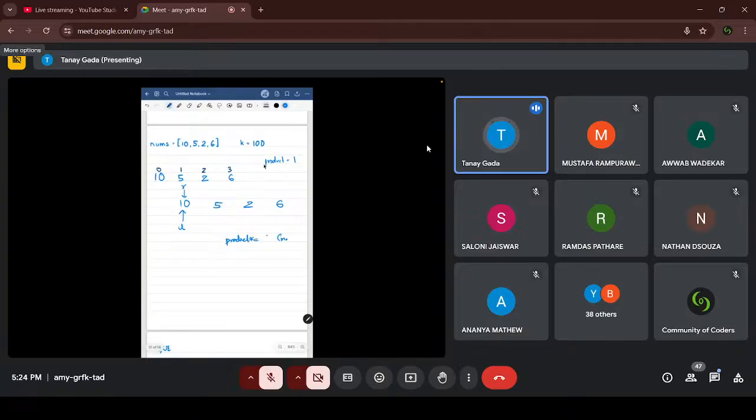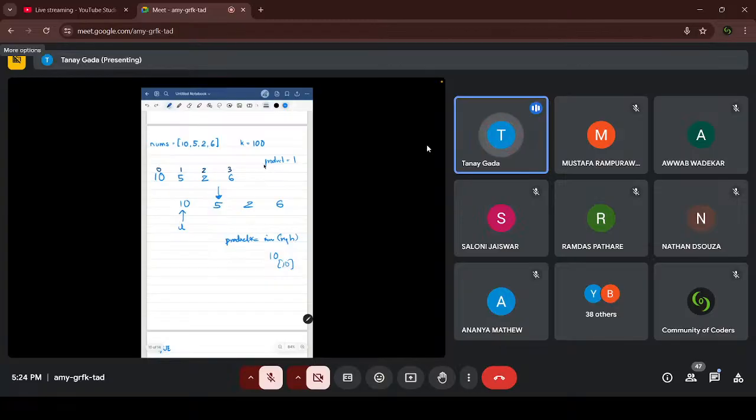Whenever we increase the window, we multiply that to the product. So initially we added 10, so the product initially is 10. Is it less than k? So there is one subarray of 10. Then we increase the R, so now our window is this.